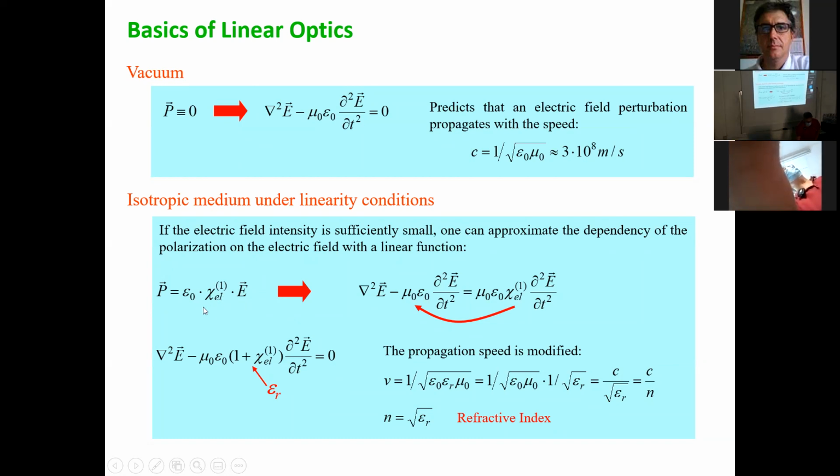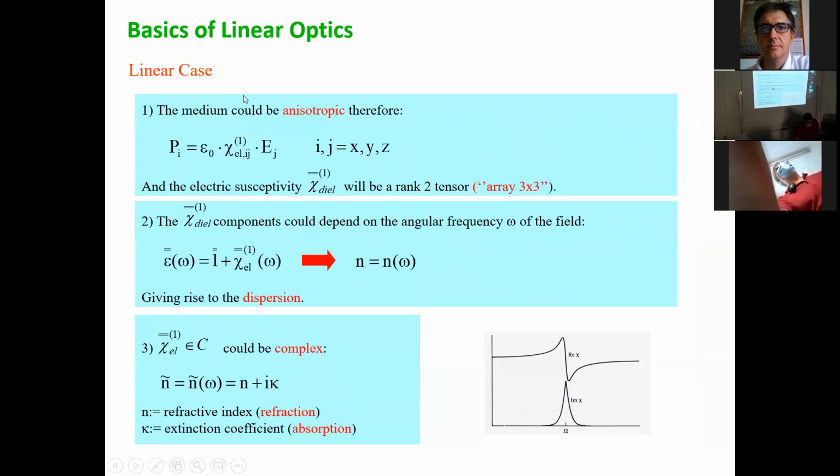And in general, this term here, that normally in a general physics course we assume to be a simple scalar quantity, chi, is in general a tensor. So in the 3D space, it is a 3 by 3 matrix, a rank 2 tensor. Okay, what does it mean?